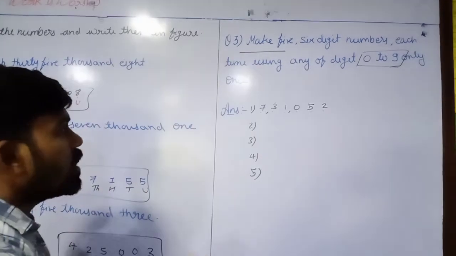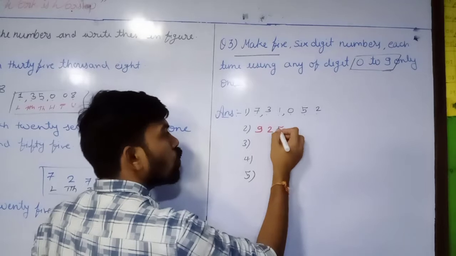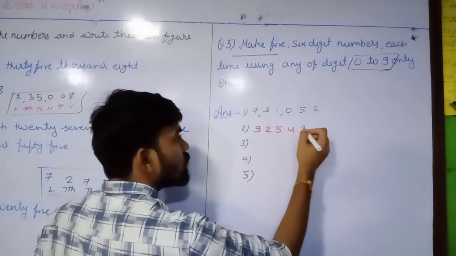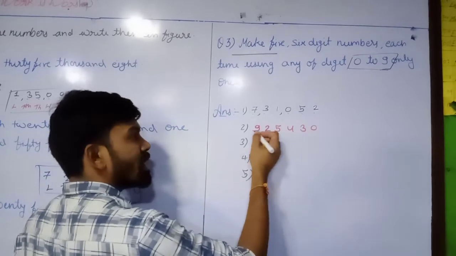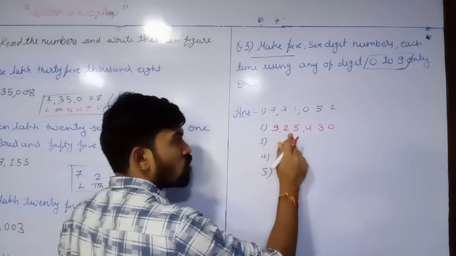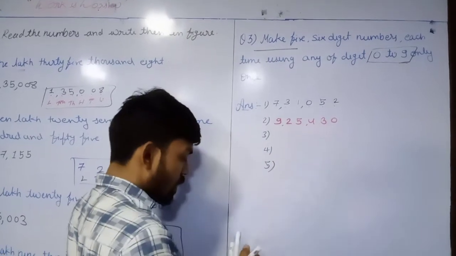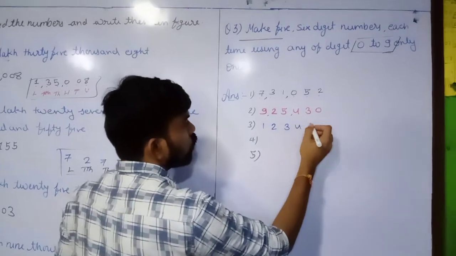In the same way you can make other numbers: 9 2 5 4 3 0. So it becomes 9,25,430. The next one: 1 2 3 4 5 6.